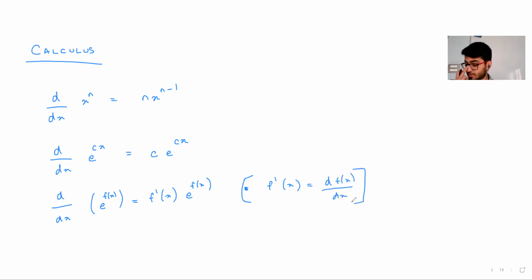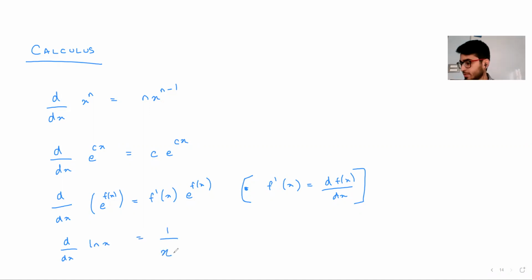Again, this is standard notation, something you might have already covered at your school level or undergraduate level studies, yet I'm just repeating it. These are the various formulas which would be required in actual papers. Then d by dx of ln x is nothing but 1 by x.